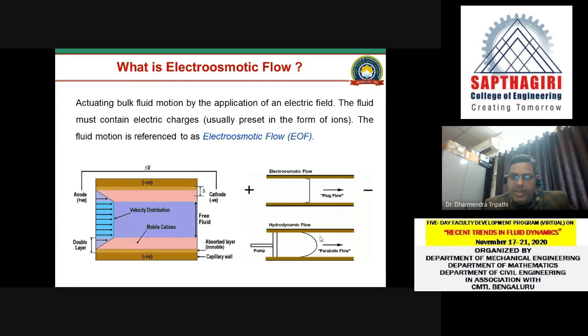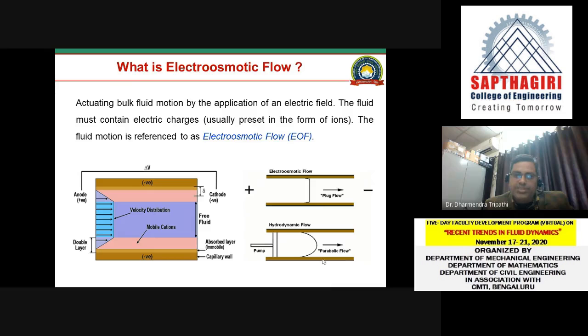If it is slip condition, then there is some slip velocity at the surface, and after that the velocity will increase. At the center of the channel there will be the maximum velocity, and that is what we consider in fluid dynamics problems. The nature of the velocity profile is parabolic.